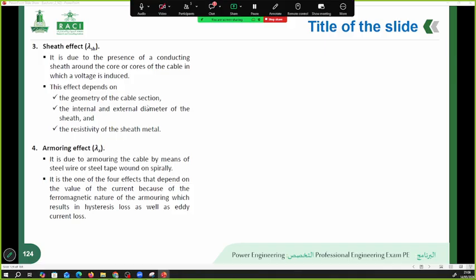When alternating current flows through the conductor, it produces a time-varying magnetic field that links with the shields and induces a voltage in them. And in item 4, it introduces the harmonic effect, denoted by lambda A, as another factor contributing to the increase in effective resistance of power cables under AC conditions.